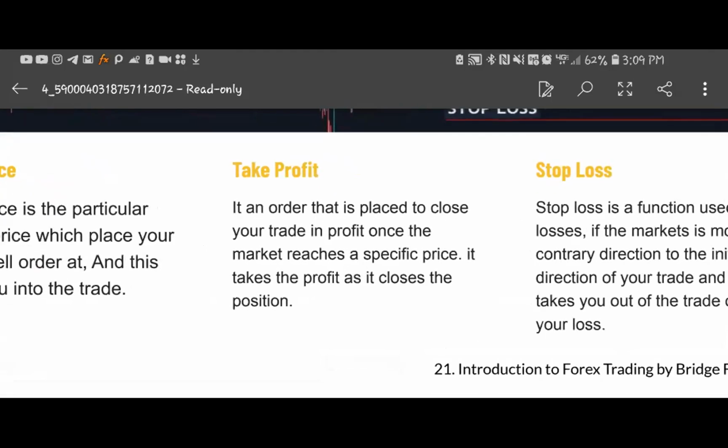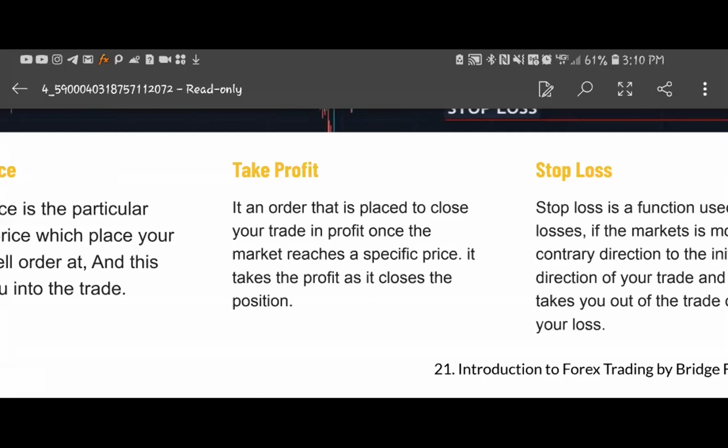So I'm going to use an example. Let's say you want to enter a trade to buy Euro USD at 1.1795, and the current price is 1.1795. You have to set your take profit in whatever pips you wish, maybe 10 pips, 20 pips, depending on the gain you want to have, right?